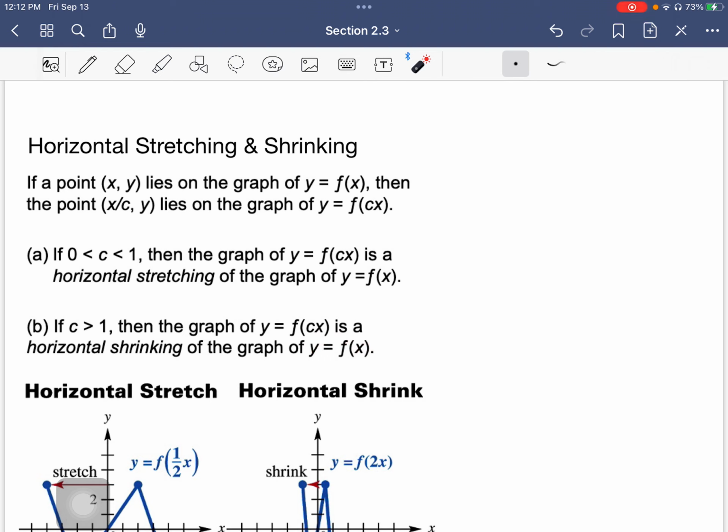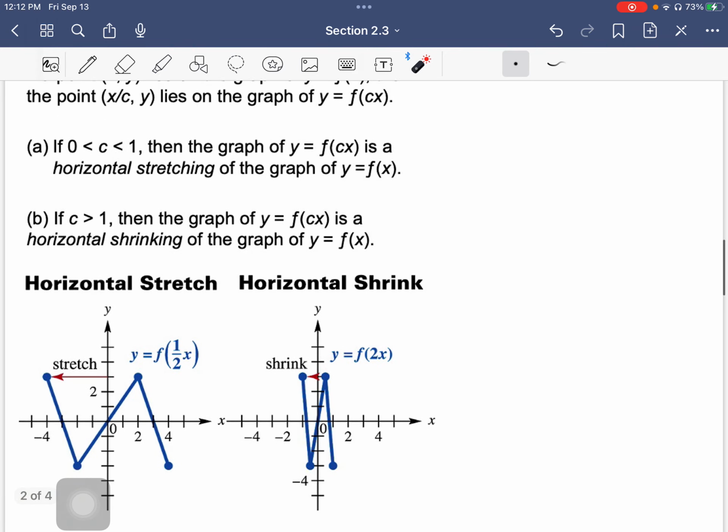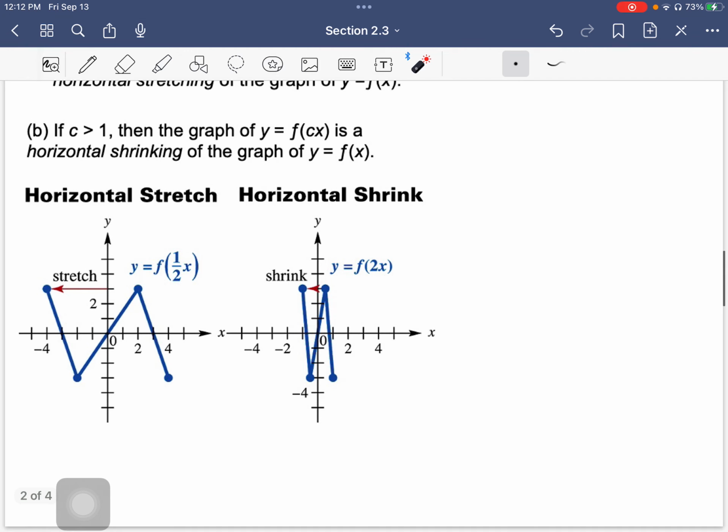Okay, so instead of multiplying our function by a factor of c, this factor of c is going to be applied within our function. So here's an example of a horizontal stretch.